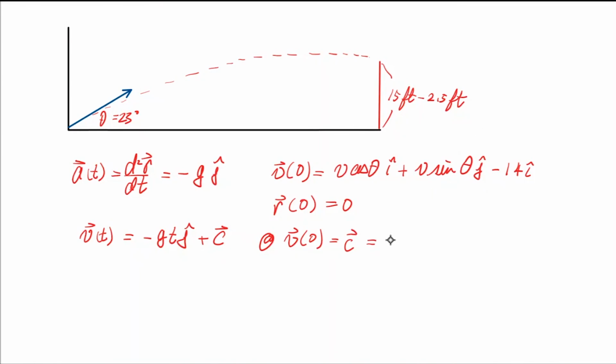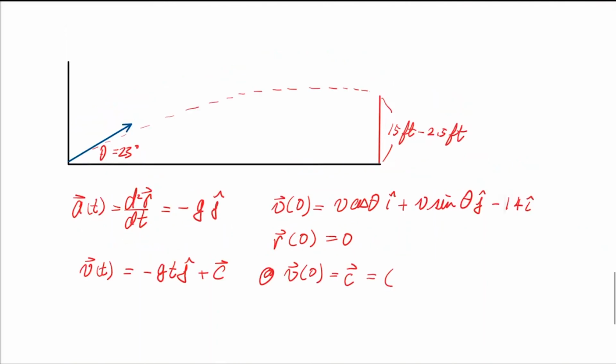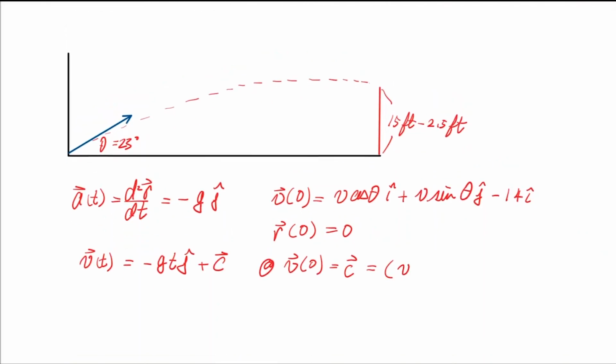So I'm gonna put V cosine theta. Do we want number? No, we don't. V cosine theta minus 14 i vector, and then plus V sine theta j vector. So far so good?